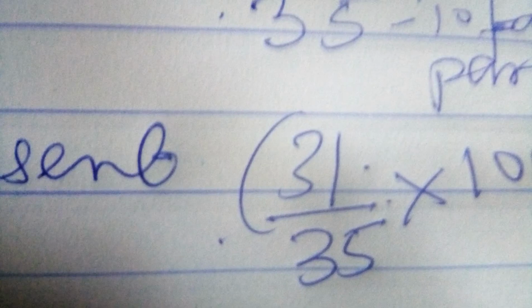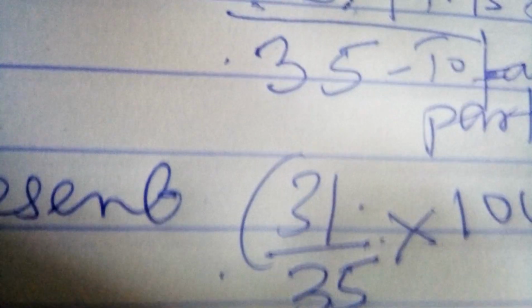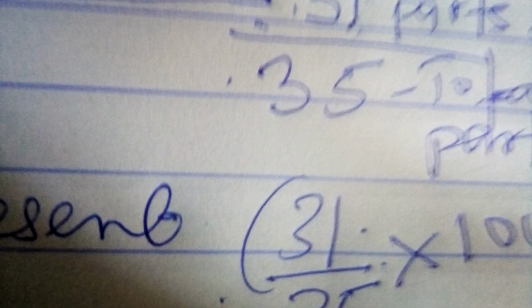That's how you get the ratio of the corn. When you calculate 31 over 35 times 100 with your calculator, your answer will be 88.57%.